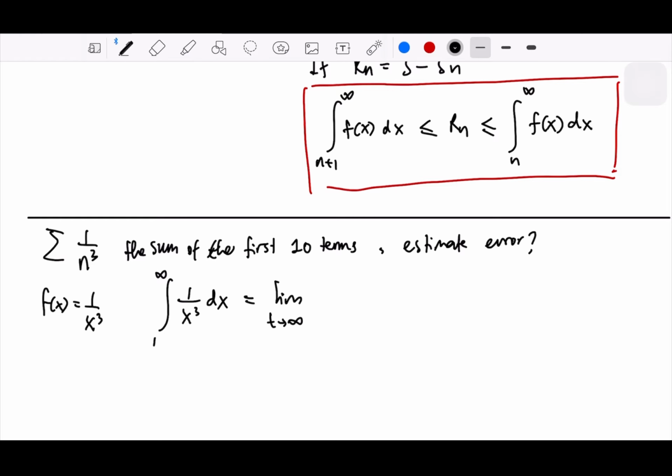If you want to review, you can review improper integrals from last semester.